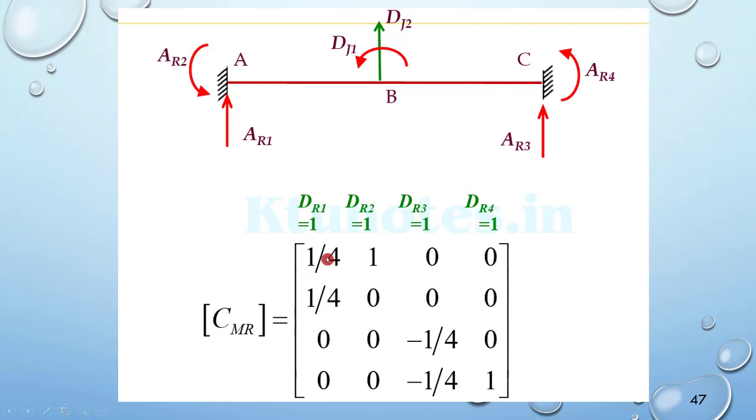CMR is equal to, so the corresponding, because the settlement will be 1 by 4 and 1 by 4, and the corresponding moments will be 0 for the coordinates 3 and 4.